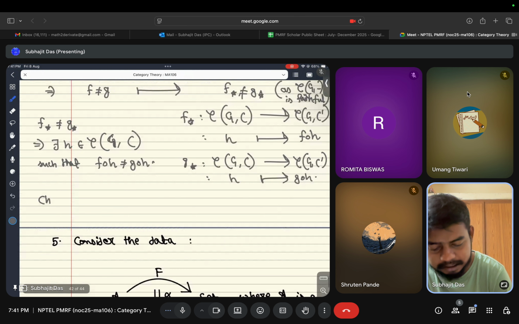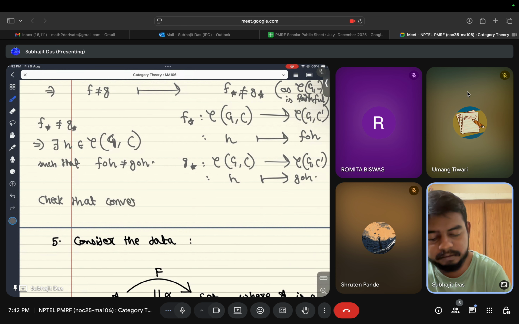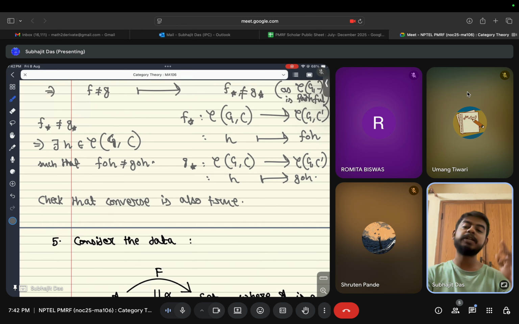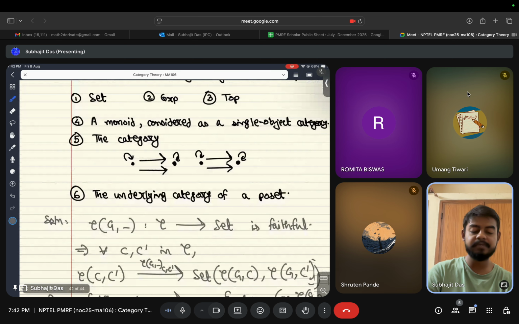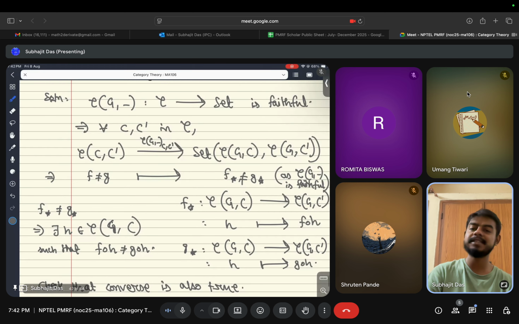That is, if the object G has this property, that given any two distinct arrows C to C prime, there exists an arrow G to C such that the composites are unequal, then the functor C(G, -) is faithful, that is G is a separator.